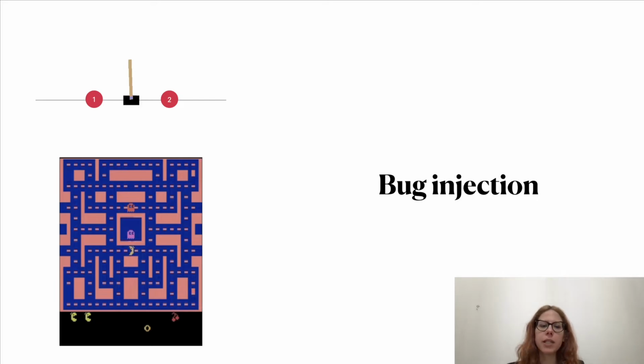We did a similar thing for Ms. Pac-Man. In this case, since the map is a little bit bigger, we injected four bugs, again based on the position. So when the yellow circle is in the same position as one of the bugs, the reward function receives information about a low FPS point.